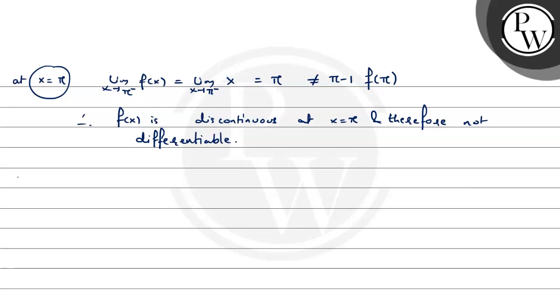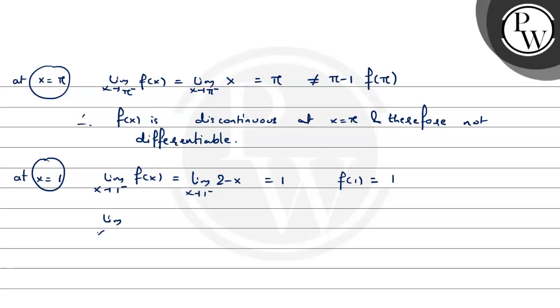Further, the next breakpoint here is 1. So let's check continuity for x equals 1. Limit x tends to 1 minus of f(x): to the left of 1, the function defined is 2 minus x, so the limiting value here is 1, and f of 1 is equal to 1.